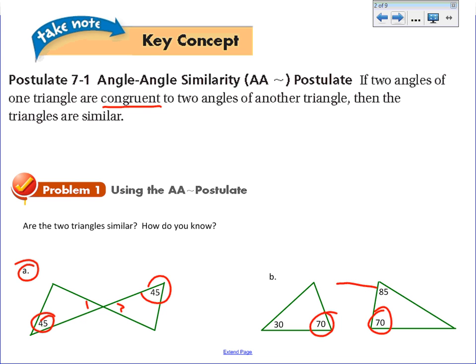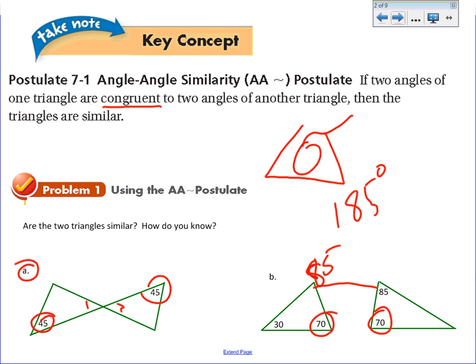And if I make this angle over here 85, then I get 70 plus 85 plus 30, which means I get 185 degrees in a triangle. That doesn't work. It's like a triangle that's blown open, like somebody put a little bomb in here, went poof, and blew it open. That's not good. Can't do that.